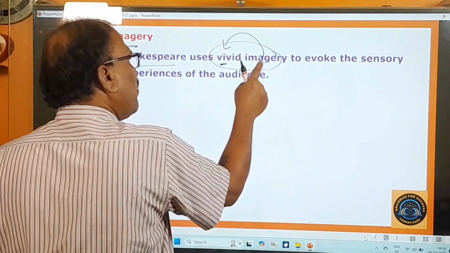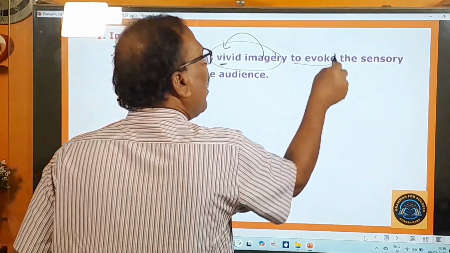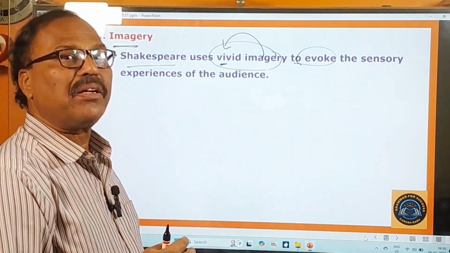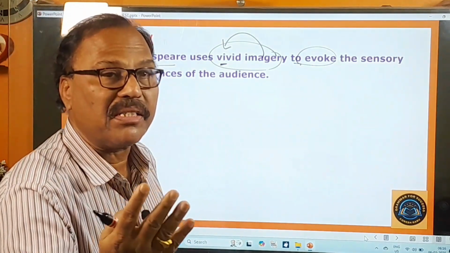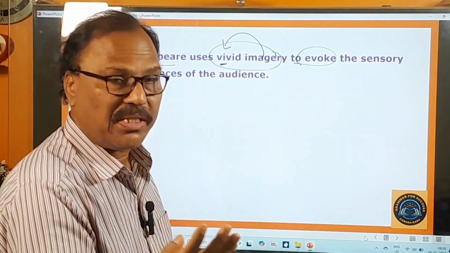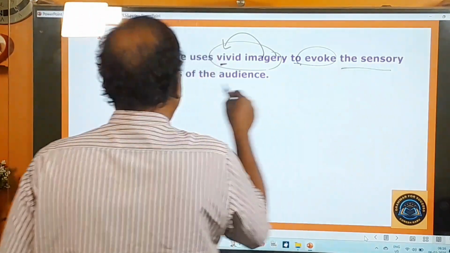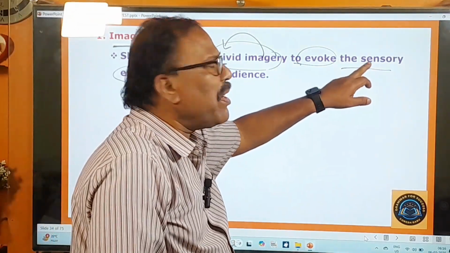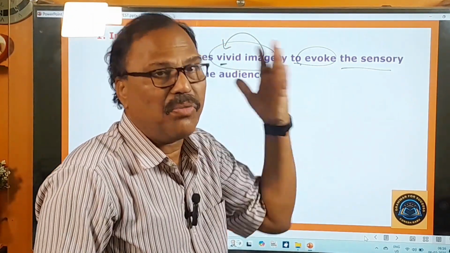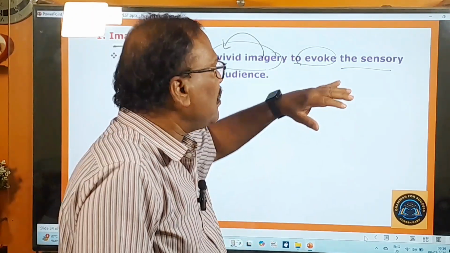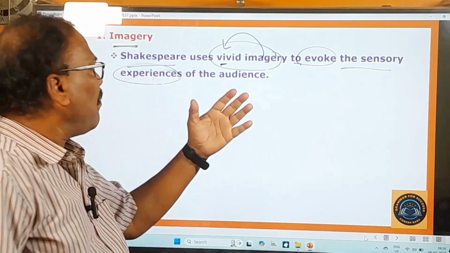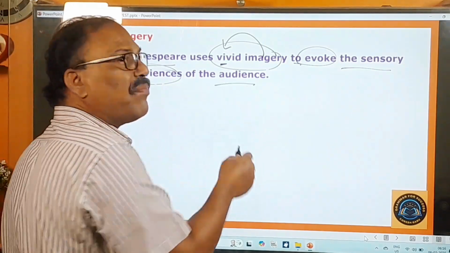He uses clear imagery. Why? In order to evoke. Evoke means to bring into the mind. Into whose mind? Into the minds of the readers, into the minds of the audience. What? The sensory experiences. Sensory means pertaining to the senses. You know, we have 5 senses. So sensory experiences are evoked in the minds of the audience, in the minds of the readers.